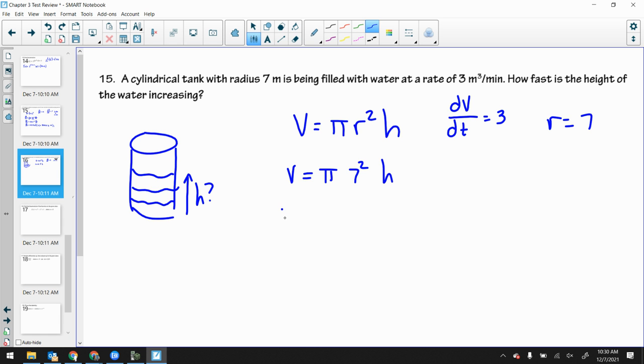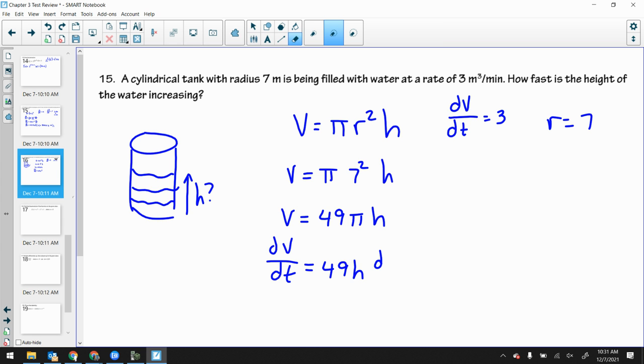We're not having it. V is equal to 49 pi h. Okay, that simplifies our life a little bit. Because now when I go to take the derivative, it's dV/dt is equal to 49 pi, why did I write an h? 49 pi dh/dt.